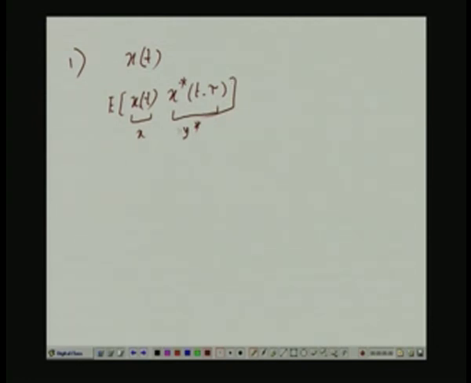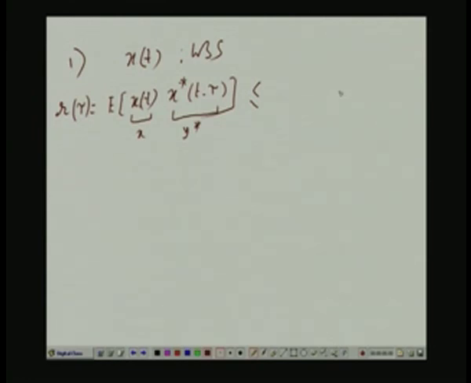If I consider this correlation, it is in fact nothing but R(tau), because I am assuming a WSS process, that is, a wide-sense stationary process. So this is R(tau). I should have written R_xx(tau), but for the time being I am dropping the subscript xx, because I am not dealing with any other random process here. So, by the Cauchy-Schwarz inequality, R(tau) is less than or equal to sigma_x square times sigma_y square.